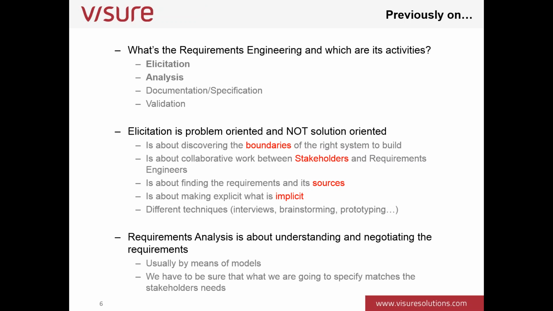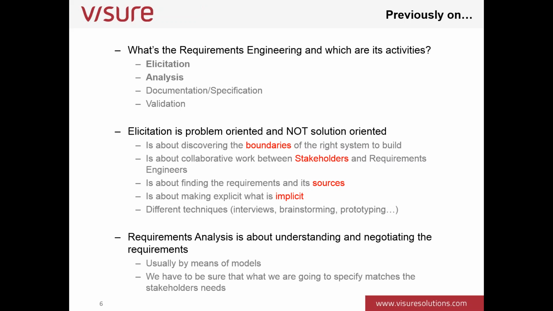Inside requirements engineering, we have been discussing 4 main activities. I'm using the word activities and not the word stages. It's important, because if we use the word stage, we can think that there is some order that we have to follow: first finish with the elicitation, then move to the second stage, then the third, then the fourth.